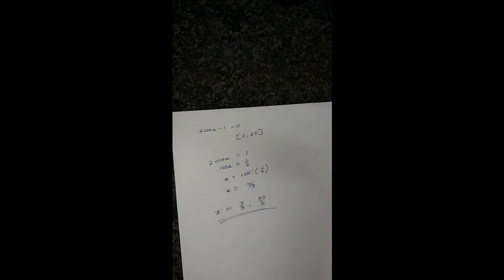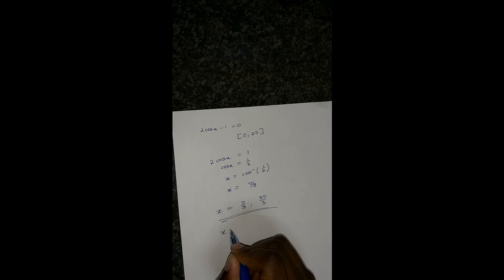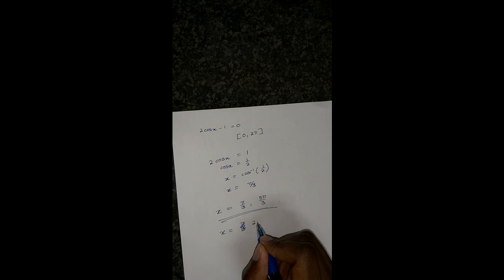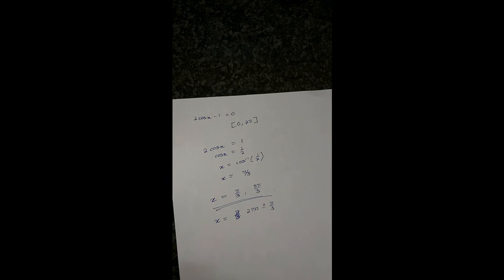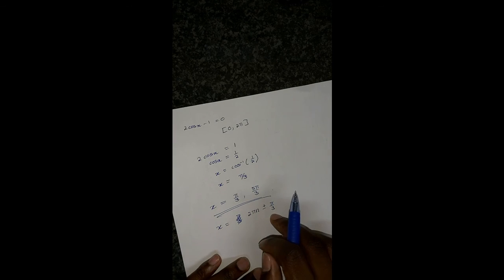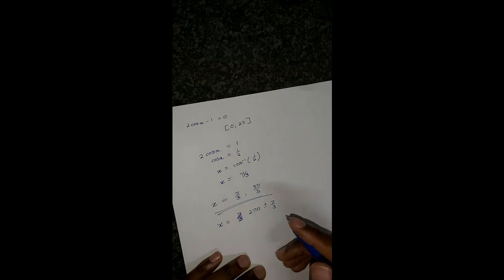But if you're asked to look for a more general solution, then you go like x is equal to 2 pi n plus or minus pi over 3. So this one can go negative. You can start off at negative pi over 3.